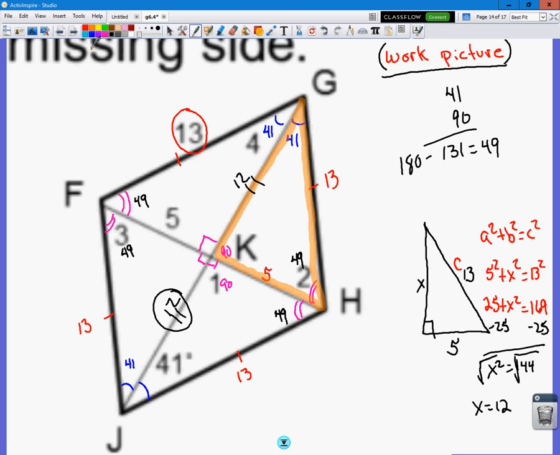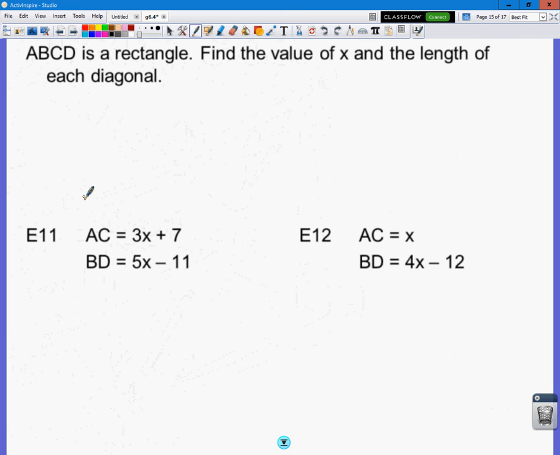Mathematically, this is the toughest one that we had to do today. The last examples. They said we have a rectangle. If you have a rectangle, what should you do? Draw a rectangle. Now they gave me information about my rectangle.